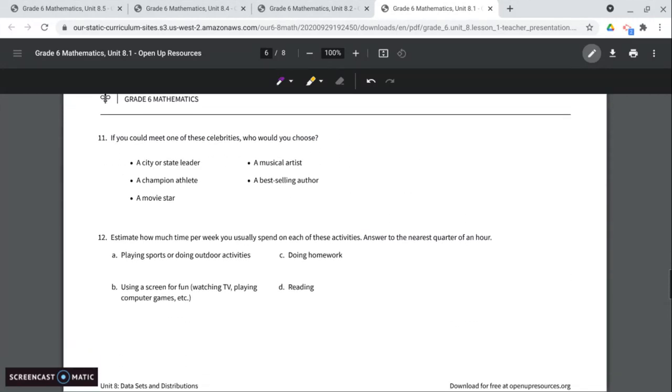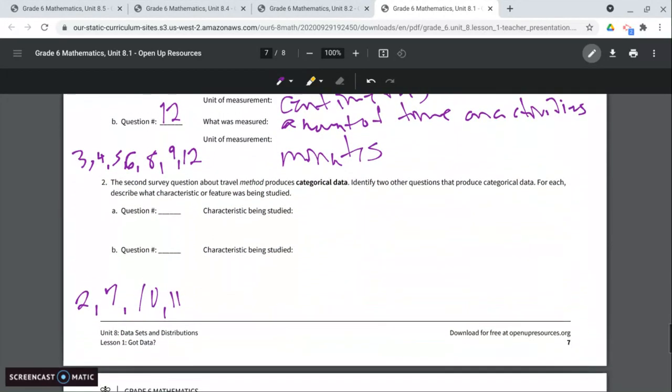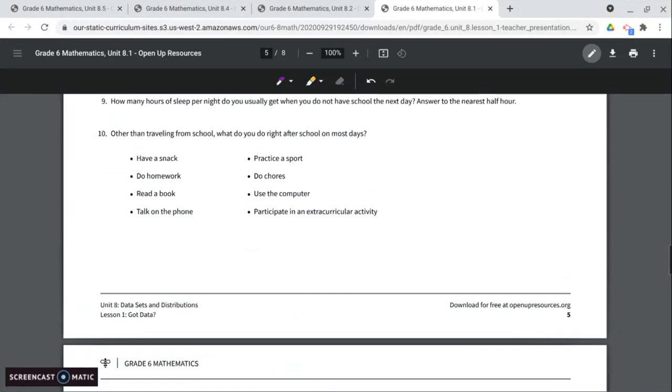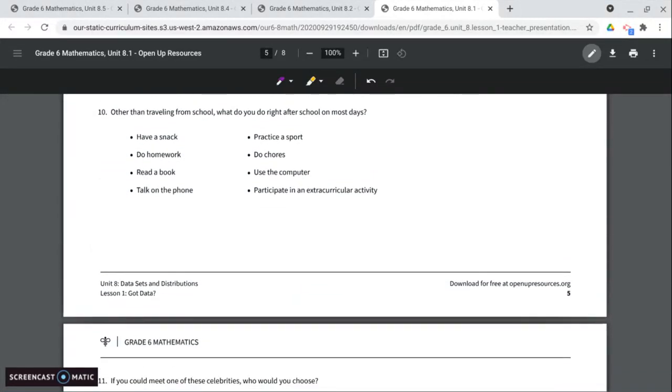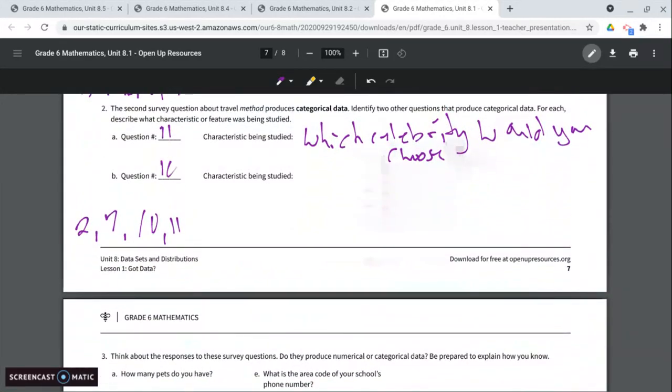If we look at 11, it's looking at which celebrity would you choose. And for 10, that's looking at after school, what do you do most days? So for 10, it would be first activity after school.